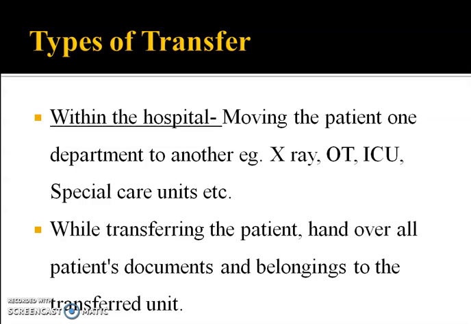There they should go and give to the next staff nurse in that particular area that this is the patient, his name, his number, why he was admitted, what all treatment was carried out in our ward, and which medications are to be continued. So all the details along with the patient's documents and belongings should be handed over to the next caretaker staff in the next unit. This is how transfers within the hospital happen.